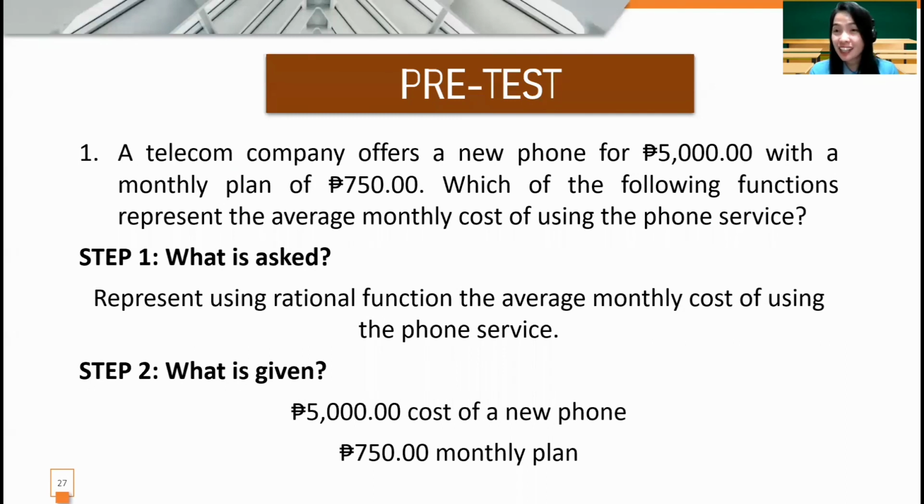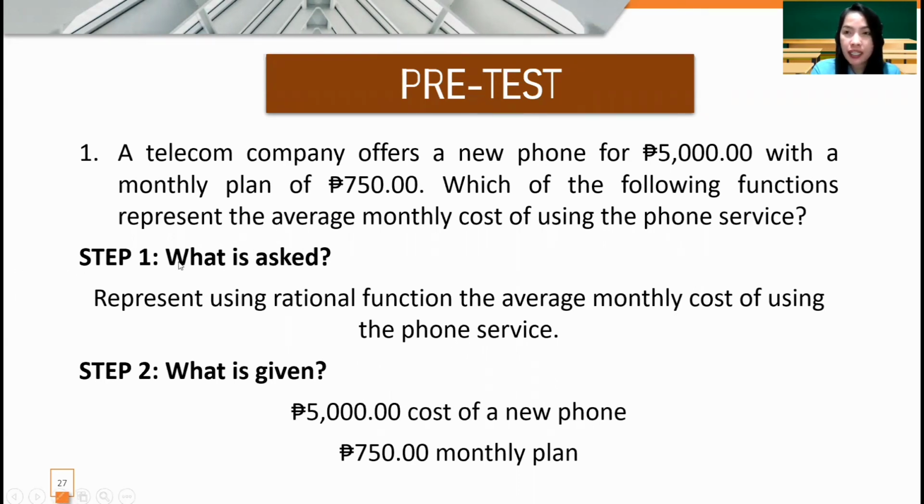Now, these are the complete solutions for the pretest part. In number 1, a telecom company offers a new phone for 5,000 pesos with a monthly plan of 750 pesos. Which of the following functions represent the average monthly cost of using the phone service?